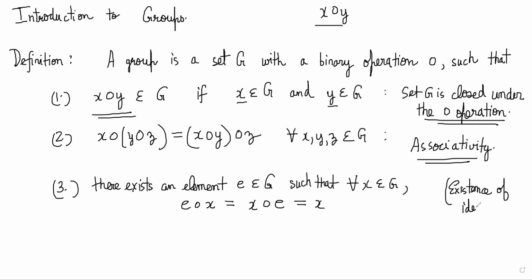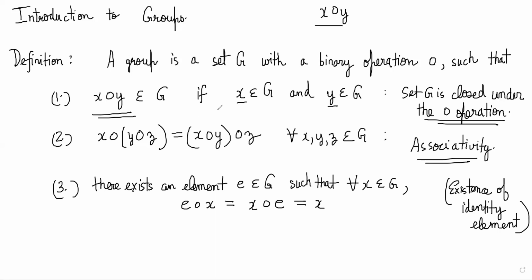E is the identity element of the group, where whenever you do the operation using a particular element of the set and the identity element, you end up getting that same element back.